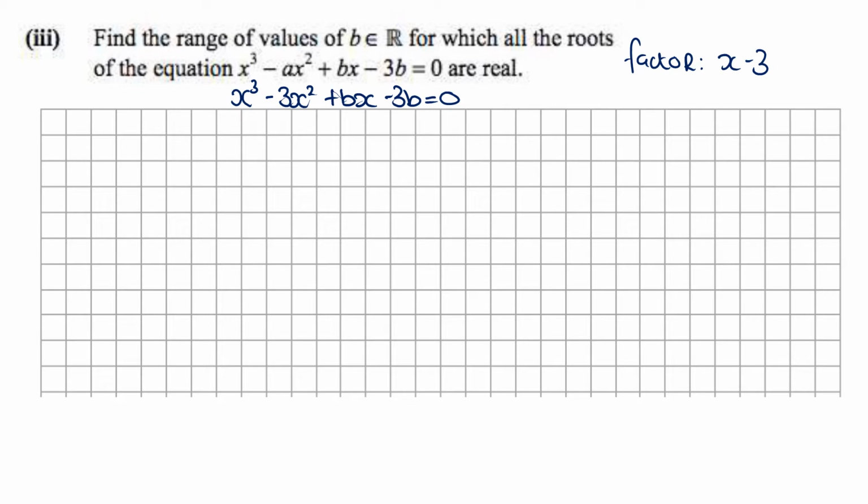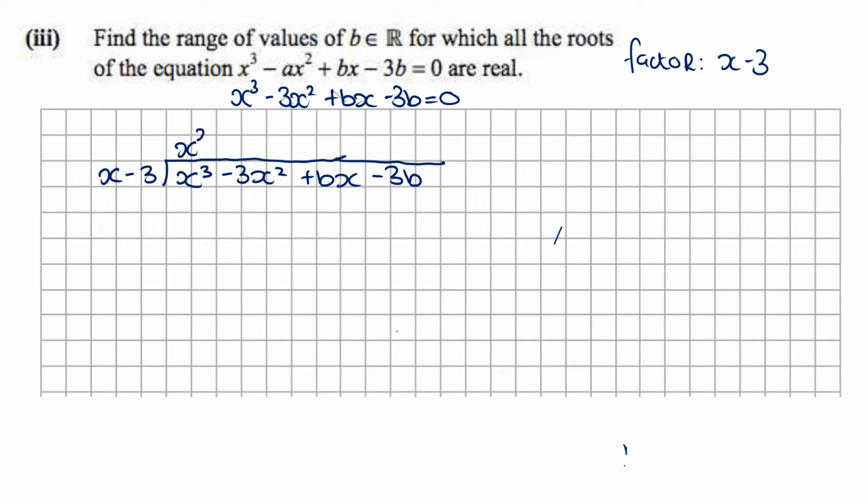So if the root doesn't work, we're going to have to use the factor. So we know that when we divide x minus 3 into this, it's going to divide in evenly, so it's going to give us no remainder. It's x cubed plus bx minus 3b.